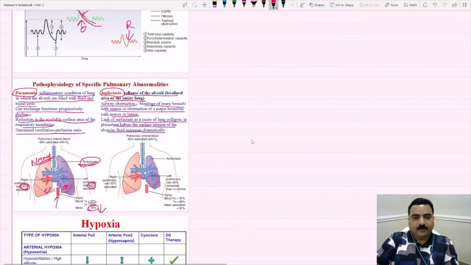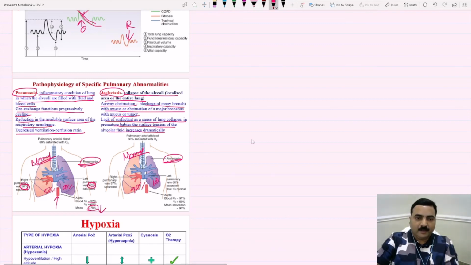Whereas over here you can see this is the lung with atelectasis, the collapsed lung, and this is the normal lung. What happens to the blood supply? Almost 90% of the blood goes to the normal lung, and only 10% of the blood is going to the collapsed lung.